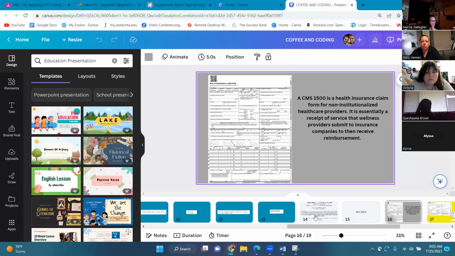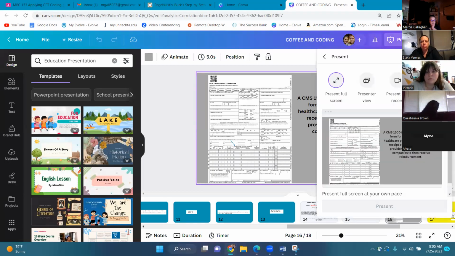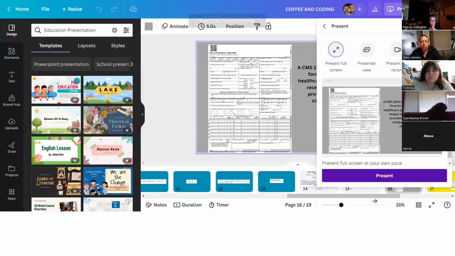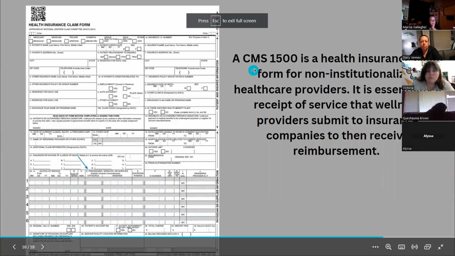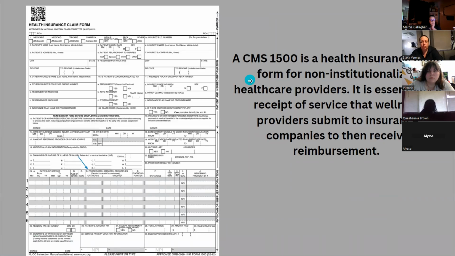Now we're going to switch over to our slideshow. Okay, so a CMS 1500 is a health insurance claim form for non-institutionalized healthcare providers. It is essentially a receipt of service that wellness providers submit to insurance companies to then receive reimbursement.